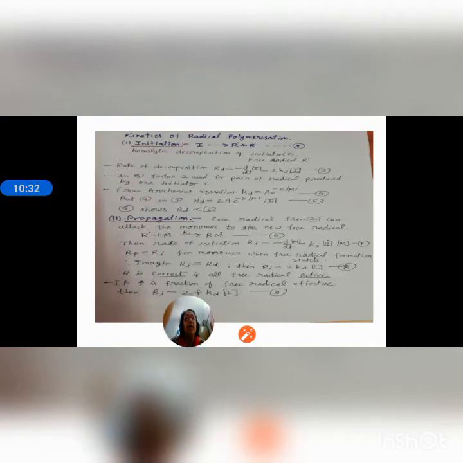Then the rate of initiation can be written as Ri equals minus d[M]/dt equals Ki [R•][M], equation 7. We see that rate of formation equals rate of initiation for monomer when the free radical concentration equals 2 kt [M]².